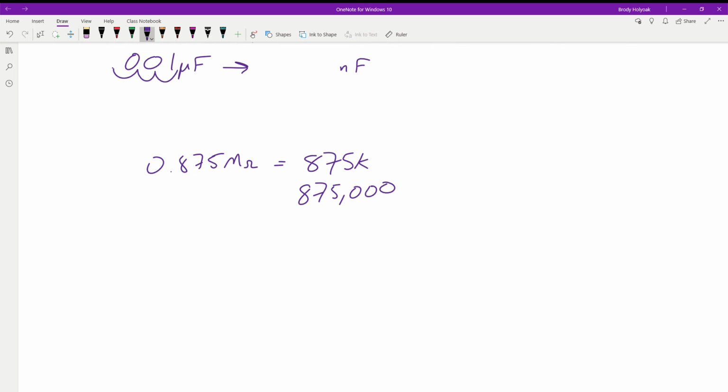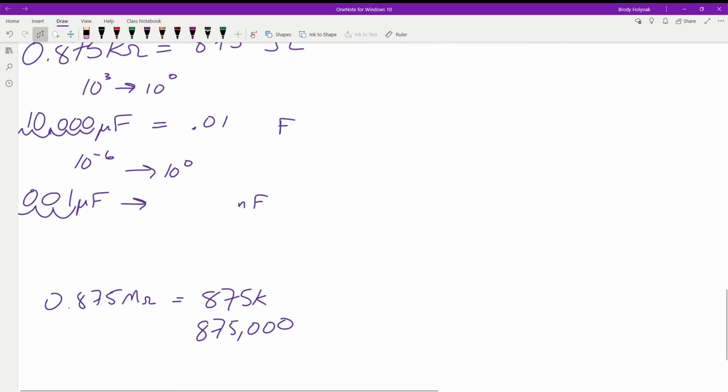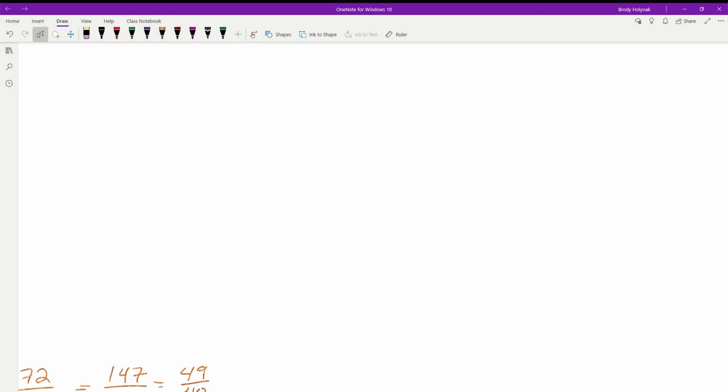So these conversions are going to go back and forth. A lot of times we're not going to have to convert from meg into micro, but we can if we really wanted to. That's going to move it 9, 12 decimal places. The biggest thing to remember going back and forth between these engineering notations is that it's in groups of 3. It's always groups of 3.